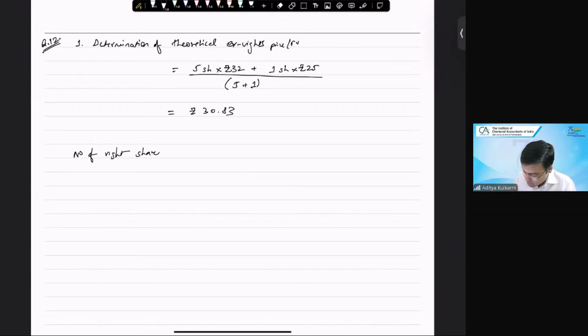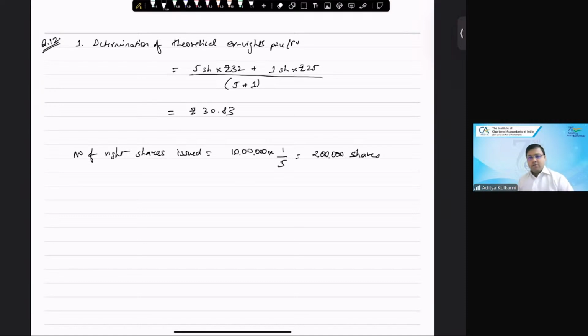Number of right shares issued is equal to 10 lakhs into 1 by 5, 2 lakh. 2 lakh shares. Are we able to follow? Yes, sir. All right.